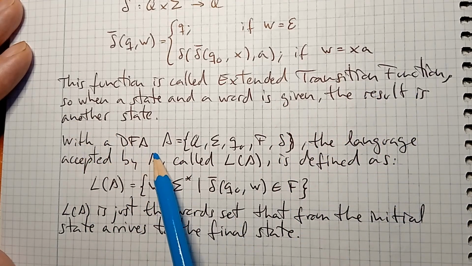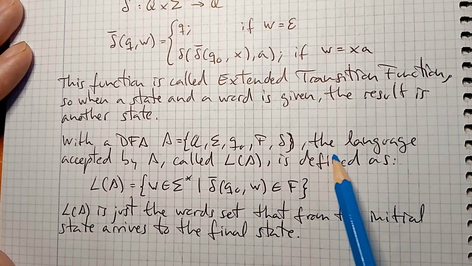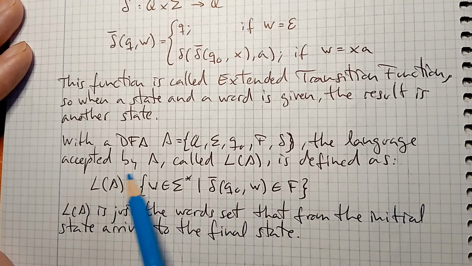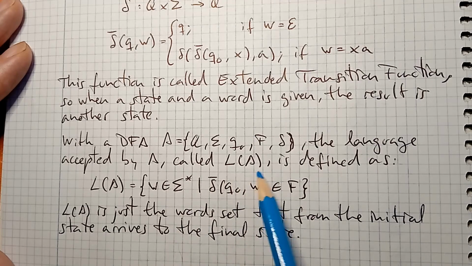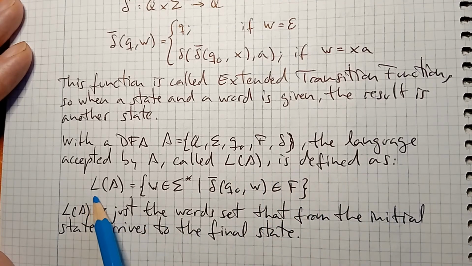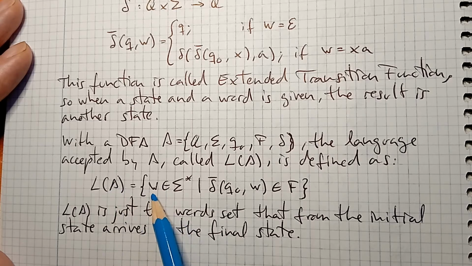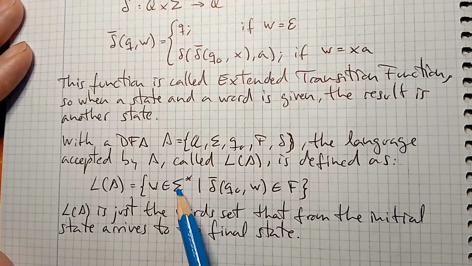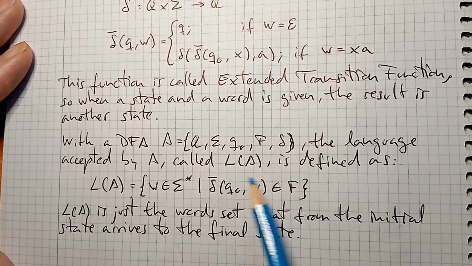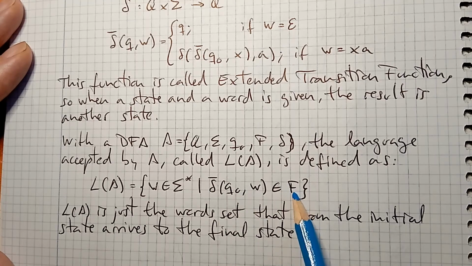So when a state and a word are given, the result is another state. With a DFA A like this, the language accepted by A, called L(A), is defined as the words whose symbols belong to the alphabet and for which the transition function always finds the final state.